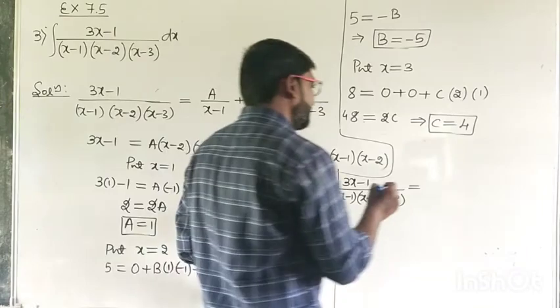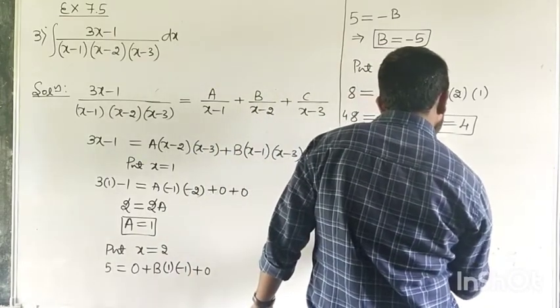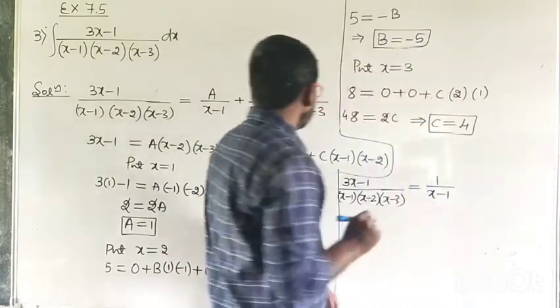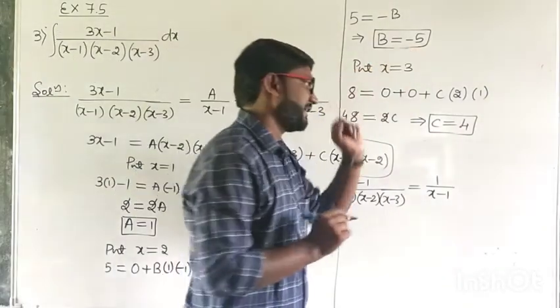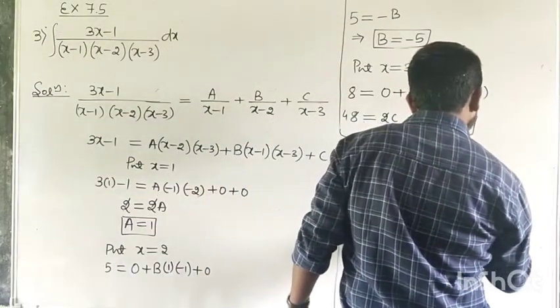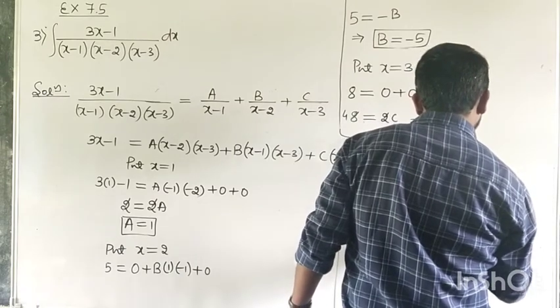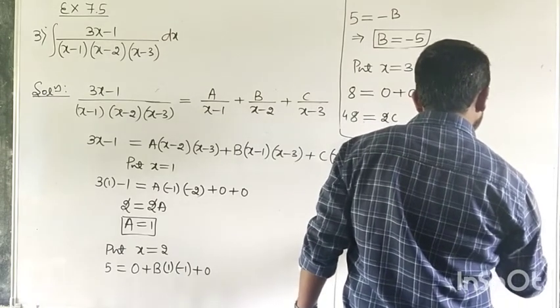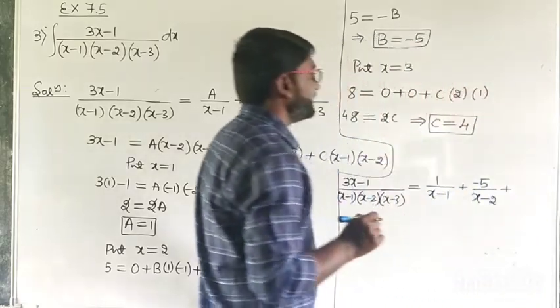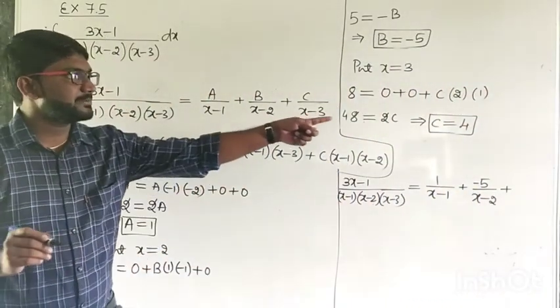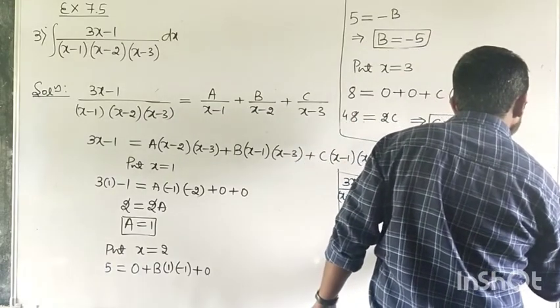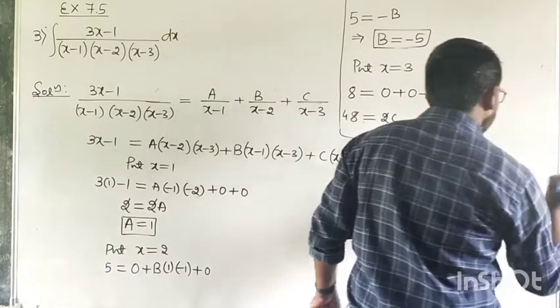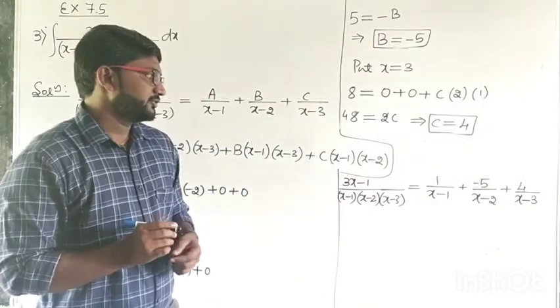So 1 divided by x minus 1, then plus b divided by x minus 2. The b value is minus 5. Plus minus 5 divided by x minus 2, plus c divided by x minus 3. What is the value of c? It is 4. So 4 divided by x minus 3.